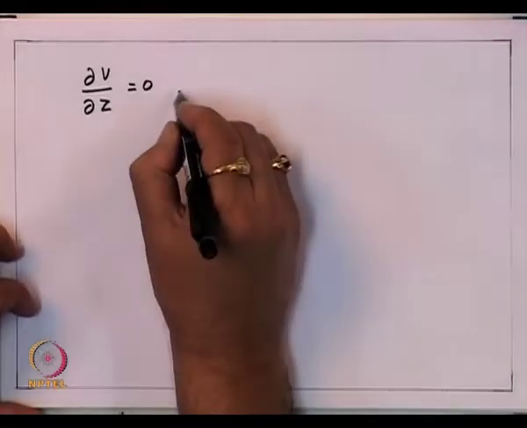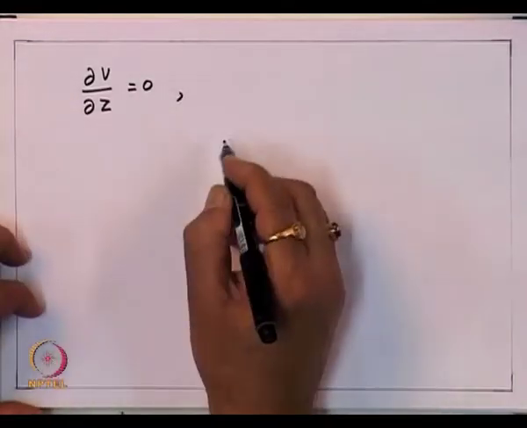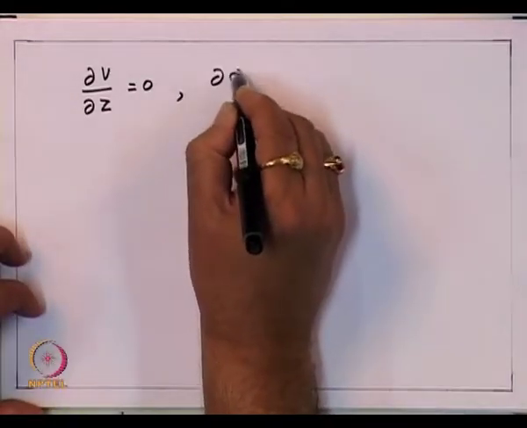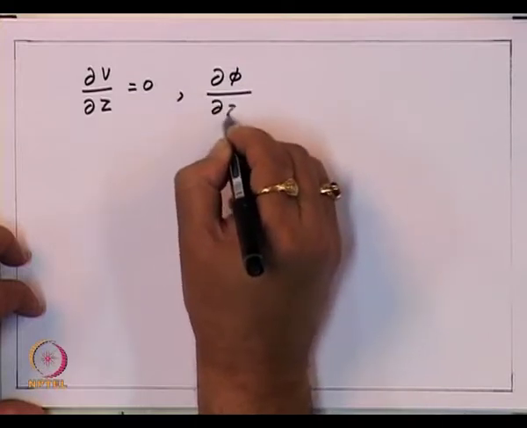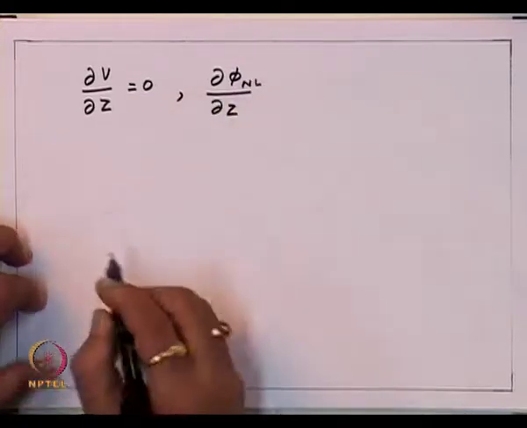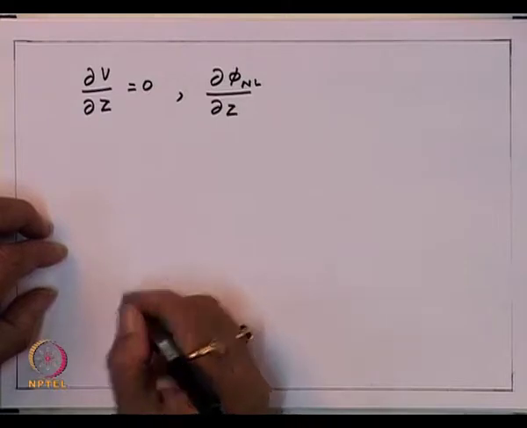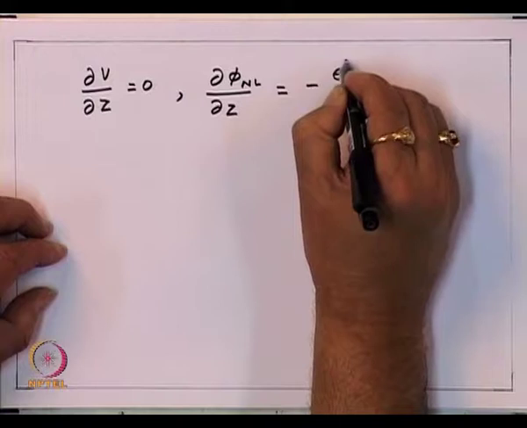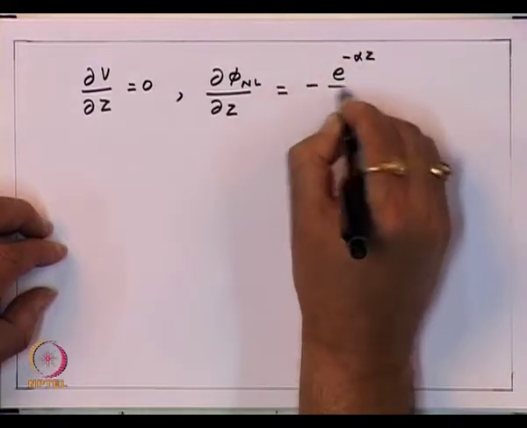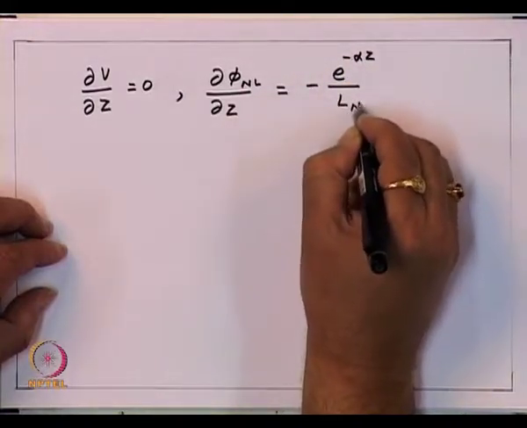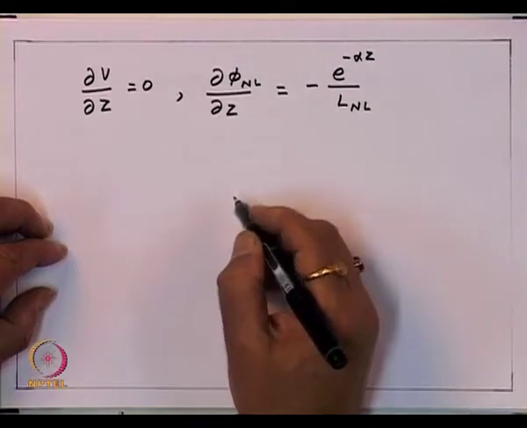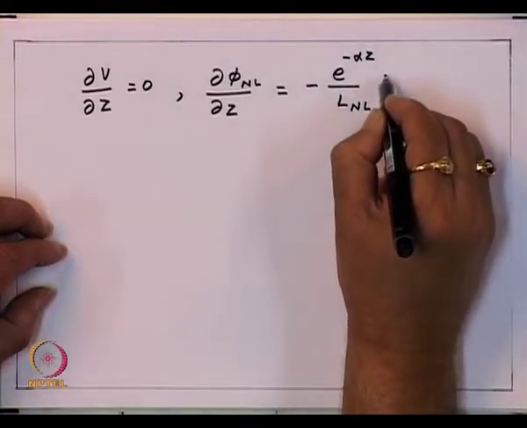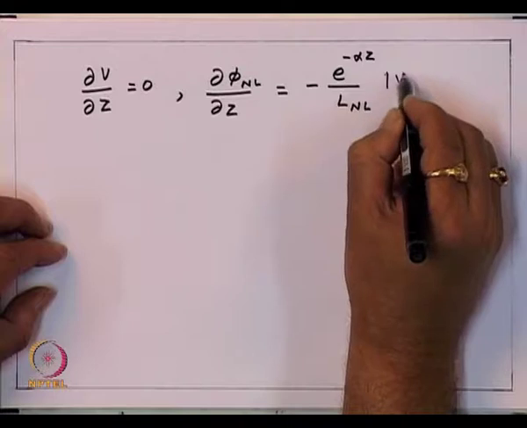From the imaginary part we get d phi NL by dz, that is equal to minus e to the power minus alpha z by L NL mod V square.